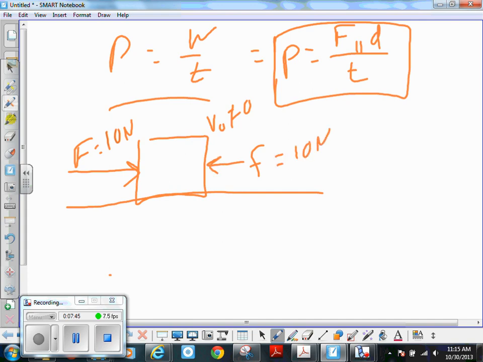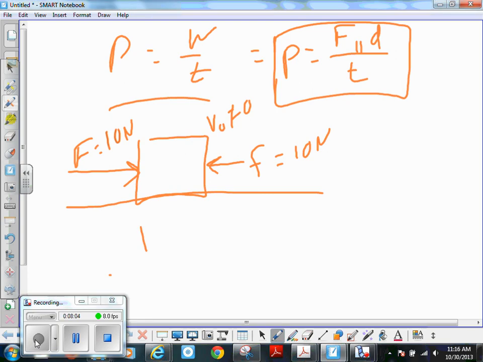How is that going to move? Constant, right? A constant velocity. Okay, so let's analyze this. This thing is going to be going at a constant velocity, right? So how does that work into power?